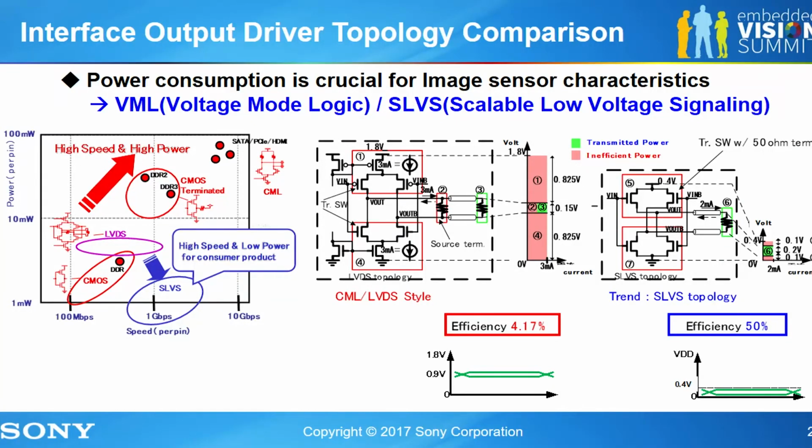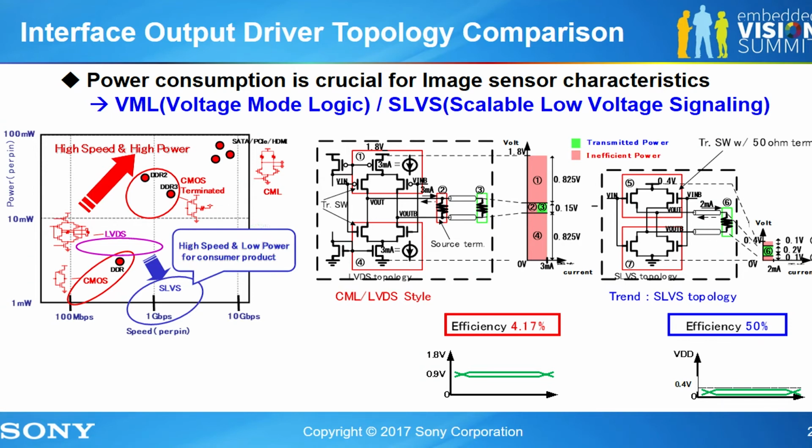Regarding the output driver, this is, I think, common, not new, but we have a history like LVDS and also going to CML, current mode logic, to go faster, but burning a lot of power. So another evolution should be done, like using sub-LVDS.